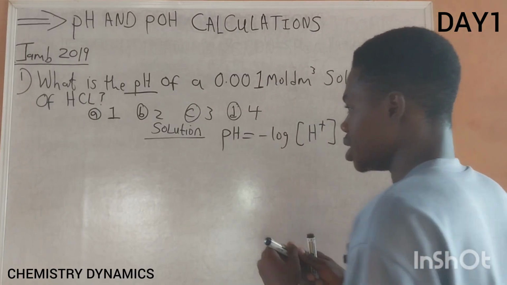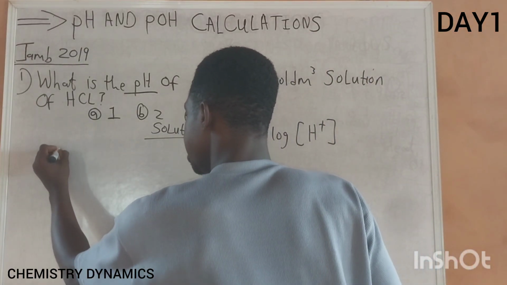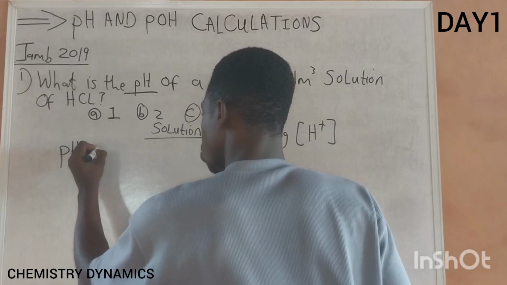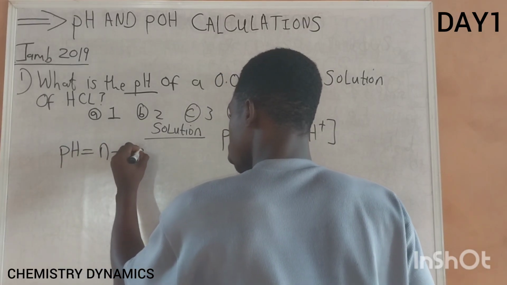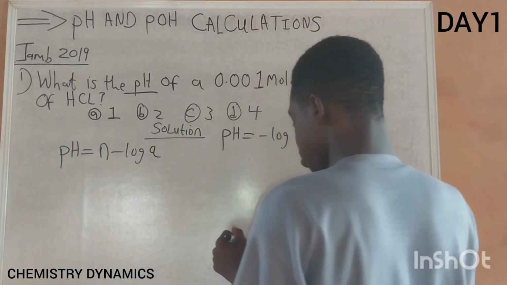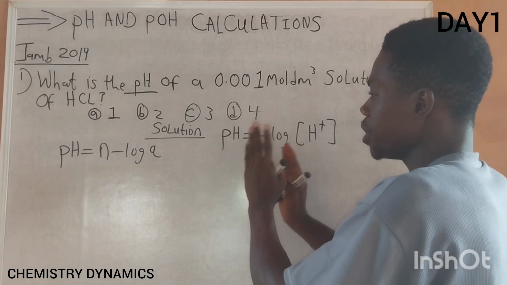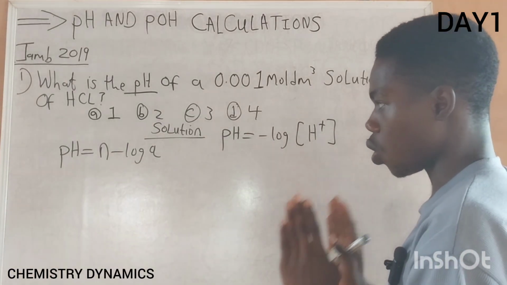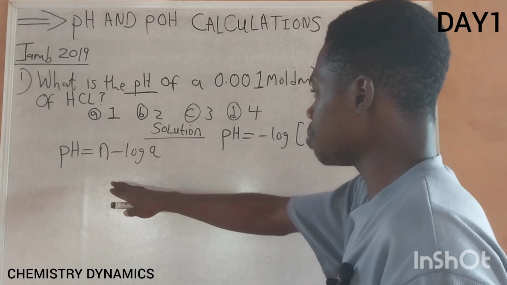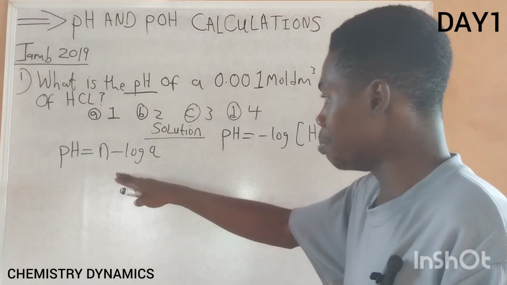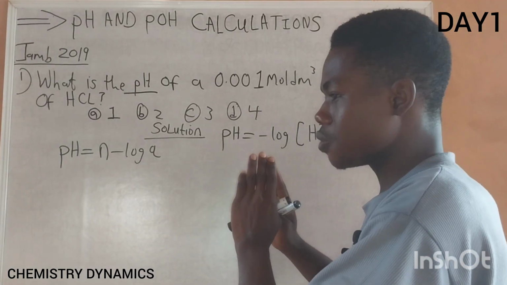The formula is pH equal to n minus log A. Very simple. With this formula you can calculate a pH question within 1 minute.